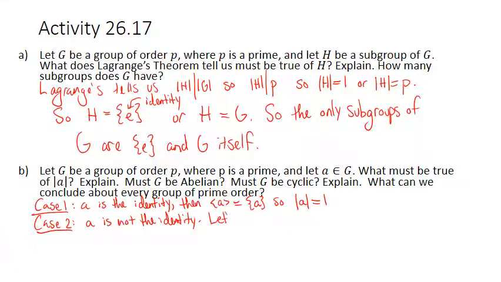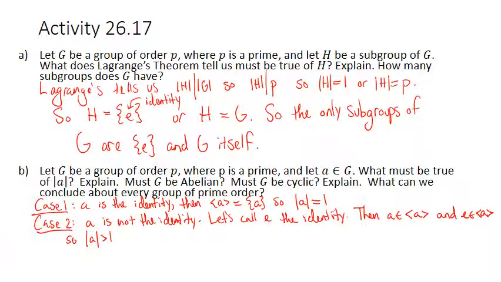Let's call the identity E. Then A is in its own cyclic subgroup, and E is also in that cyclic subgroup because it's a subgroup, so it has to contain the identity. That means the order of A is at least 2, so it's greater than 1.